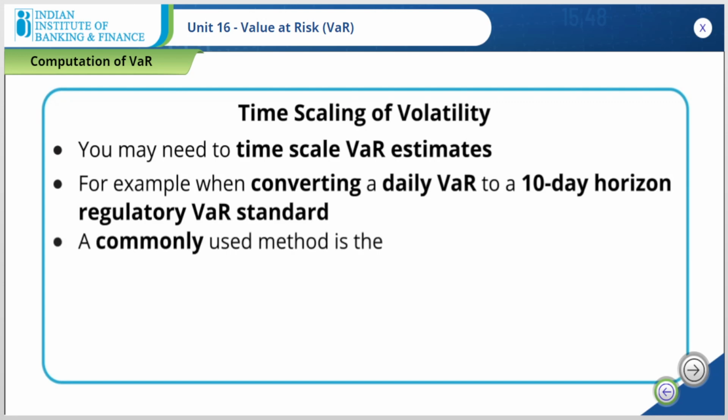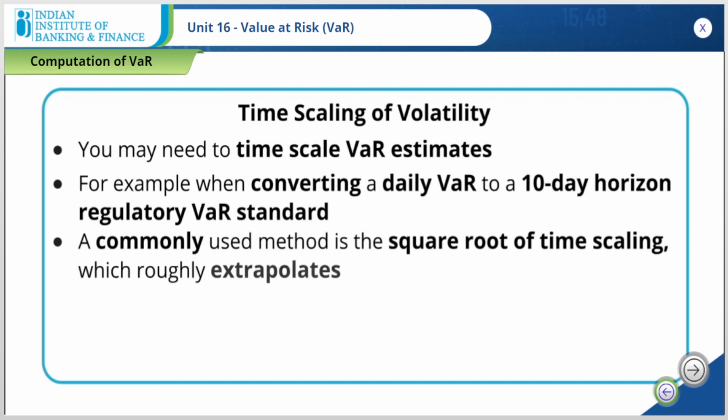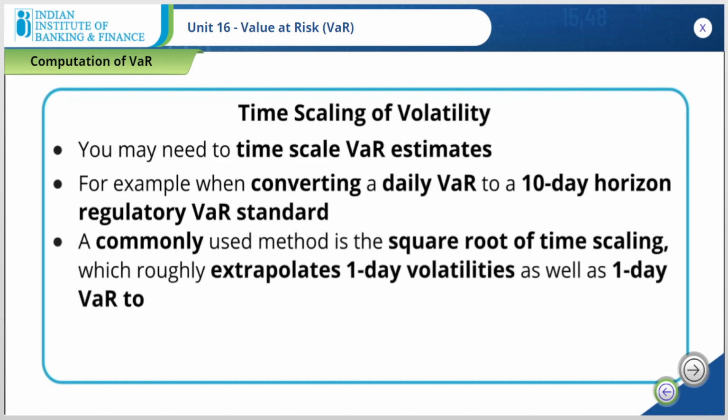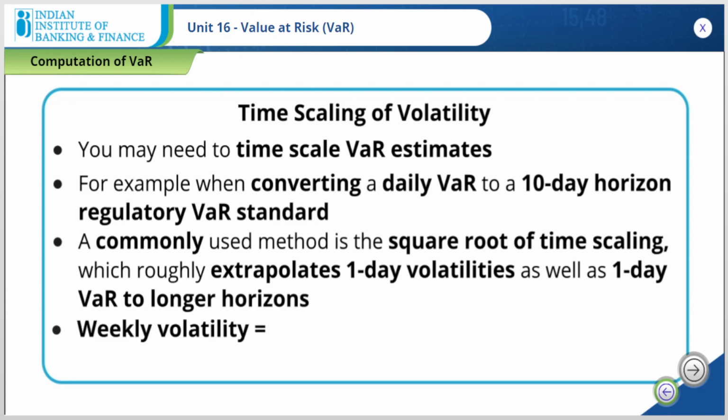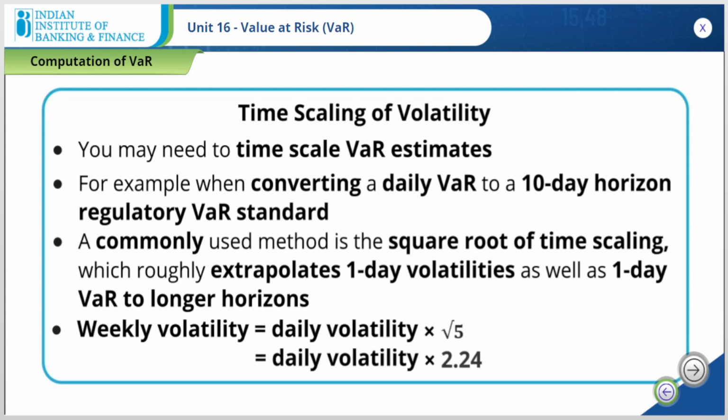A commonly used method is the square root of time scaling, which roughly extrapolates 1-day volatilities as well as 1-day VaR to longer horizons. Weekly volatility is equal to daily volatility times root 5, which equals daily volatility times 2.24.